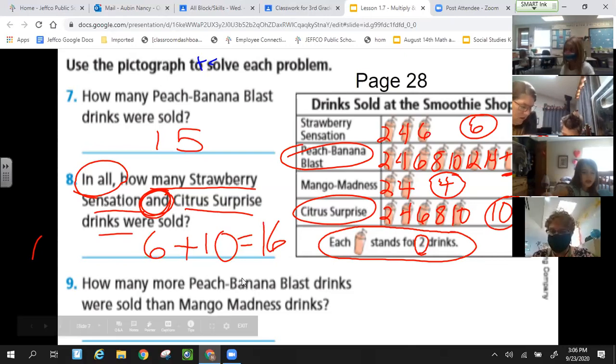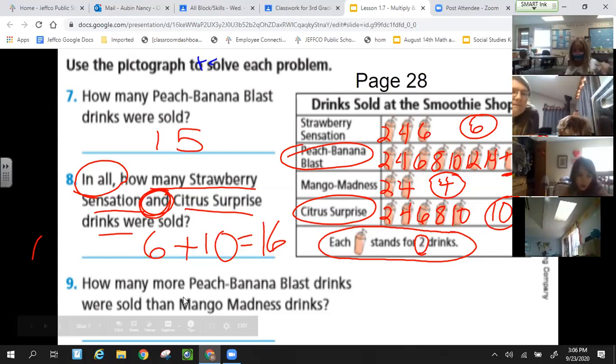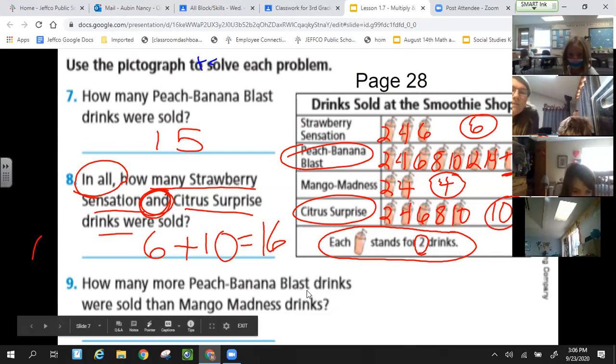No. How we do it every morning on our graph. Every morning. What do you got to do when you hear how many more? Okay, which is a form of subtraction. How many more peach banana blast drinks were sold than mango madness drinks?